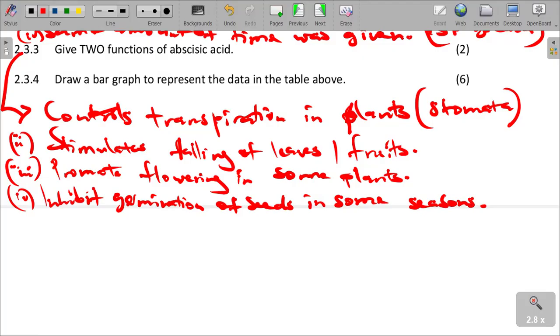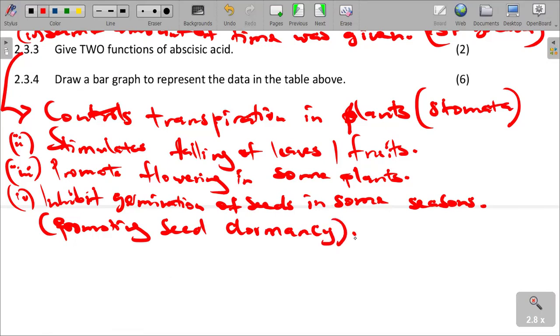In order to avoid seeds germinating prematurely or at the wrong times, abscisic acid inhibits that. That is called promoting seed dormancy. It enables plants to survive erratic conditions. Times when things are not good, plants are able to survive because of abscisic acid.